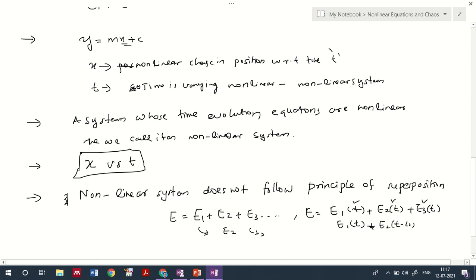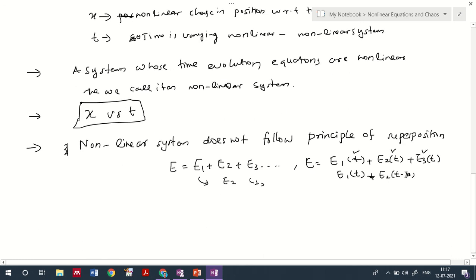The dependency will be t minus t0 or something like that. So in such cases, what we generally say is that a nonlinear system does not obey or follow the principle of superposition.